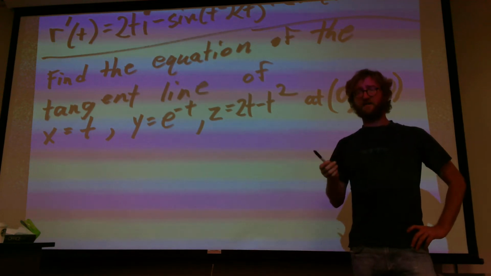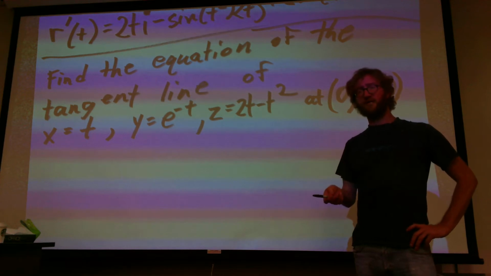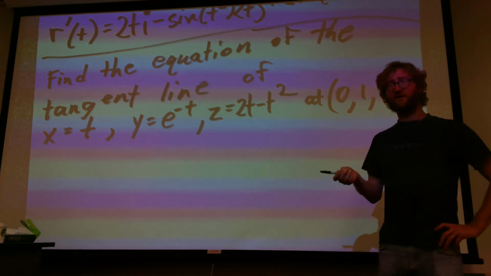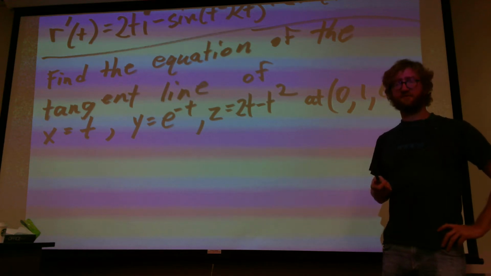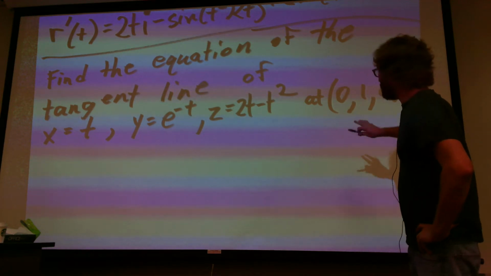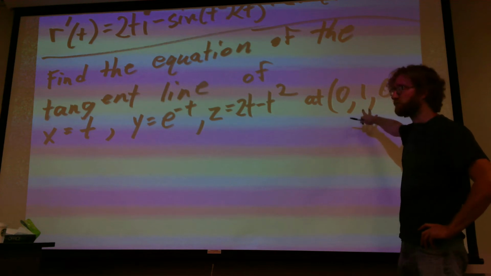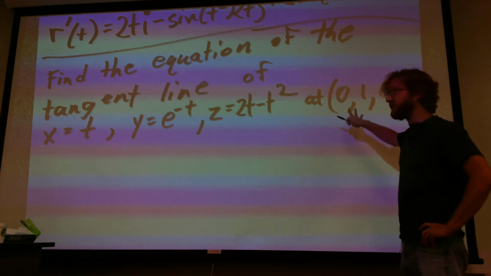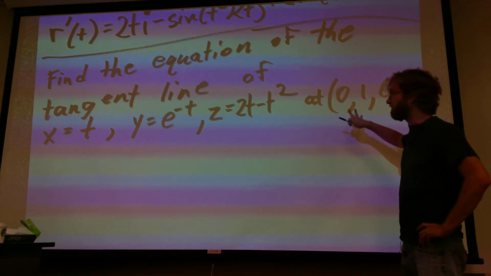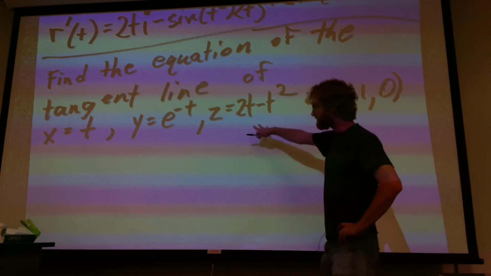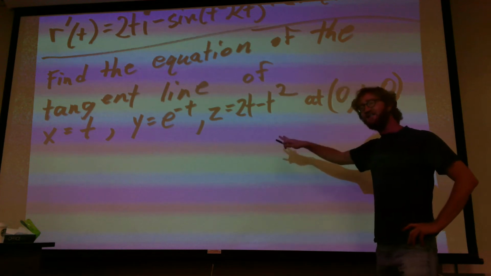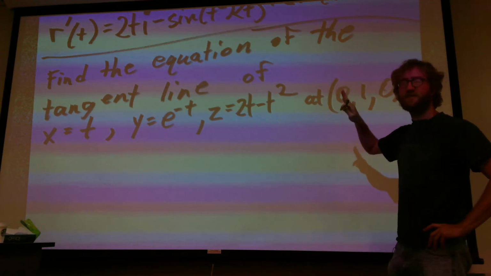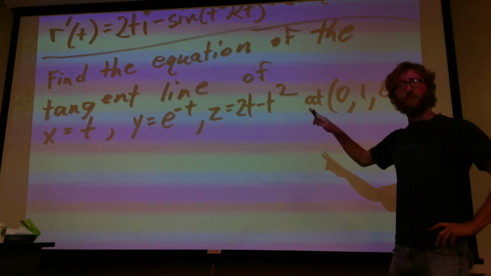We need a vector that is parallel to the direction of the line, and a point to fix that vector on there, and then we can find the parametric equation. We already have a point. Now we need to find the derivative of this, which will give us a vector that is tangent to this curve in space at that point.